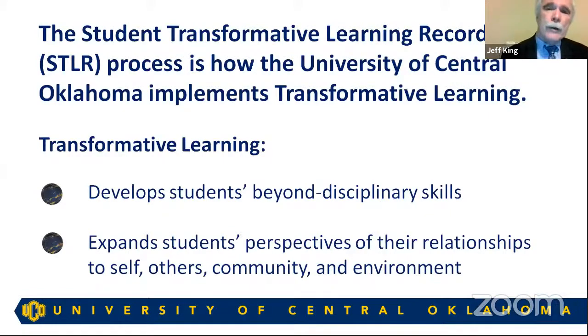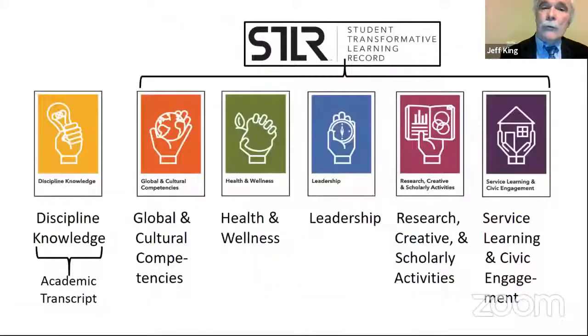Also, though, very importantly, transformative learning expands students' perspectives of their relationship to self, others, community, and environment. And also, as the previous speaker pointed out, the ability for humans to function together now is more important than ever in order to solve the challenges that we face.